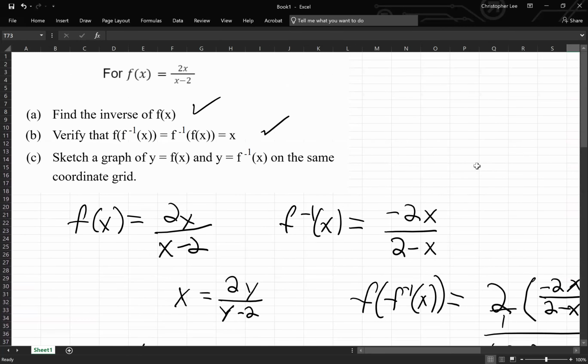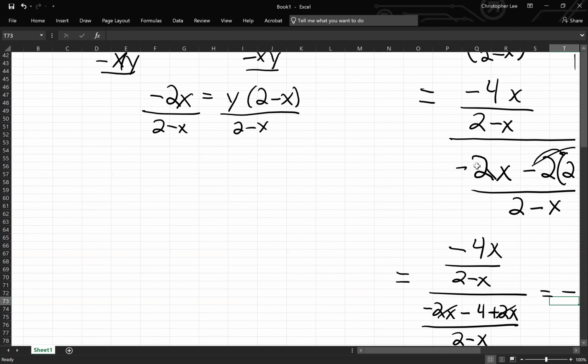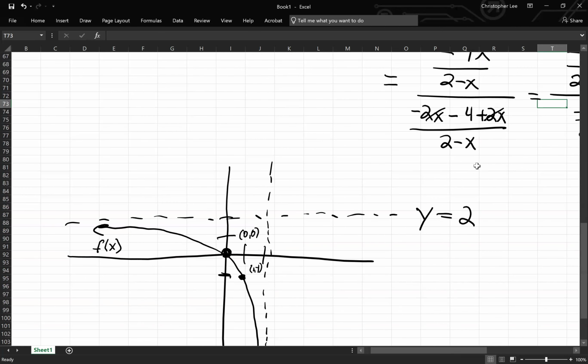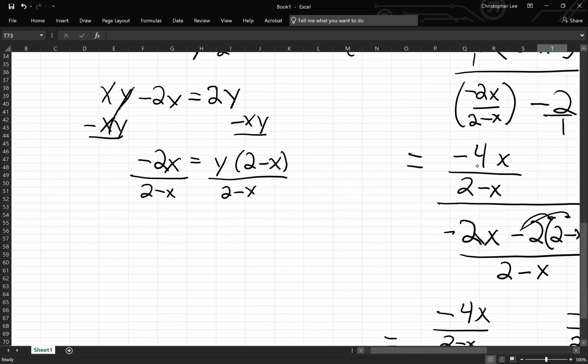Now, all we got to do is figure out what happens when we graph some of this. Let's plug in 1. If I plugged in 1, I would get negative 2 over 1. So that's negative 2. So when x is 1, you're at negative 2. So here, 1 comma negative 2.